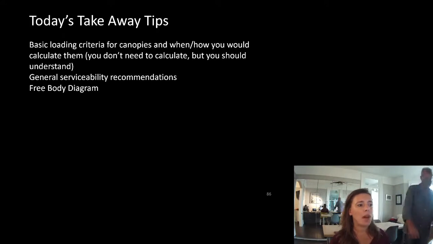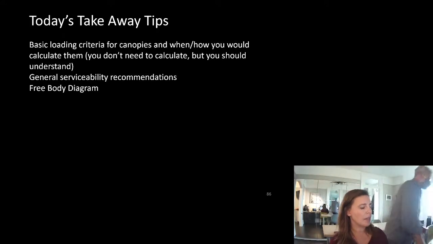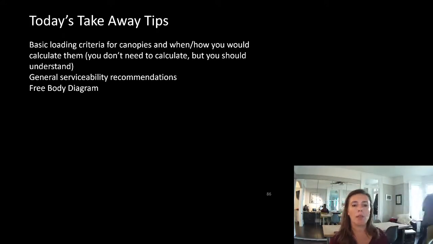We tend to follow general serviceability recommendations until they become prohibitive to either the design or the cost, and then we talk about whether those criteria are realistic for our canopy. And if they're not realistic, what can we pare it back to, and what can we prepare the owner and the client for as actual deflections on a day-to-day basis, or in a once a year event sort of thing.